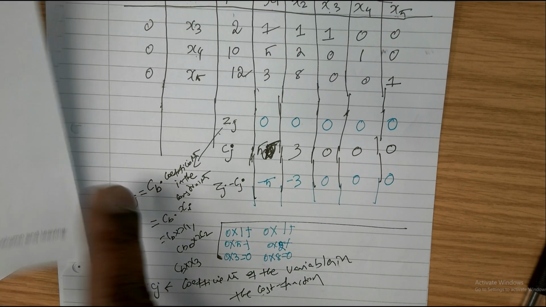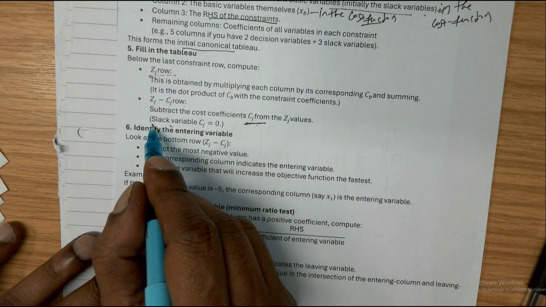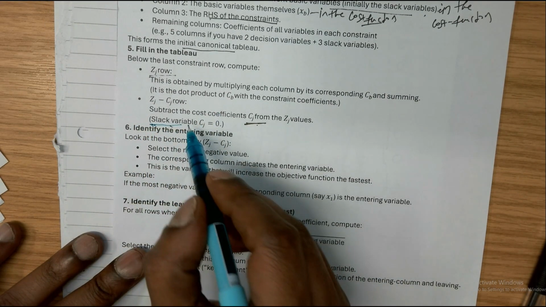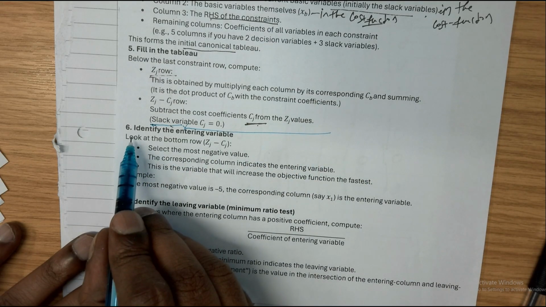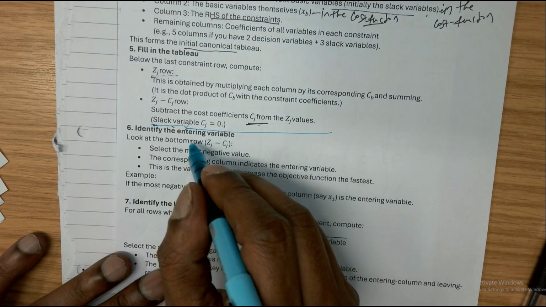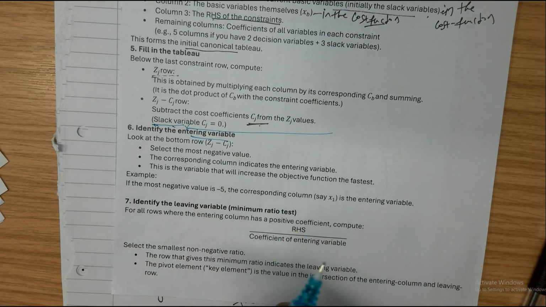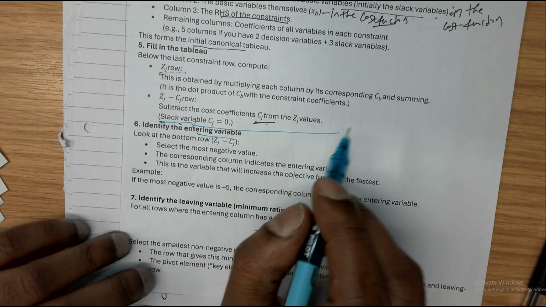So now you go back to the algorithm again. We completed step 5. Now we have to go into step 6, identify something called the entering variable. So this is a new jargon. How do you do that?